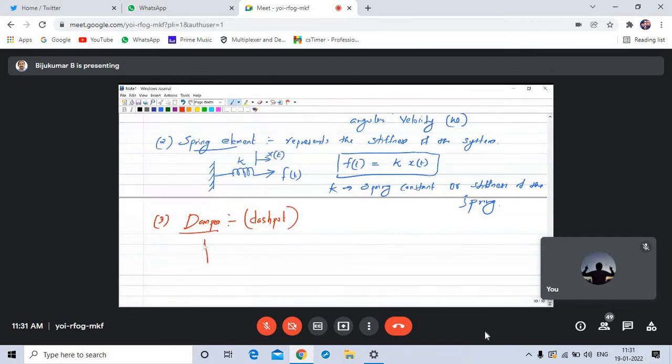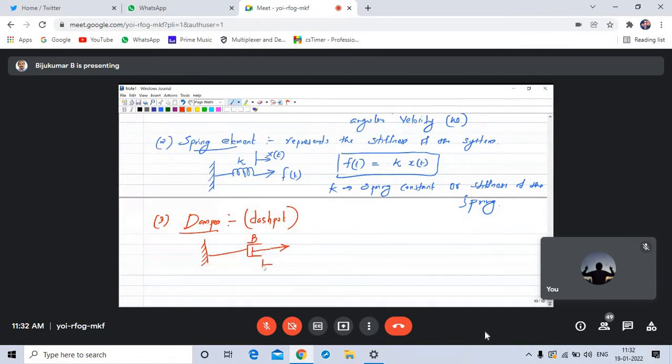Usually we represent the damper like this. This is the graphical representation. It is like a piston and cylinder arrangement. We'll denote the constant as B.